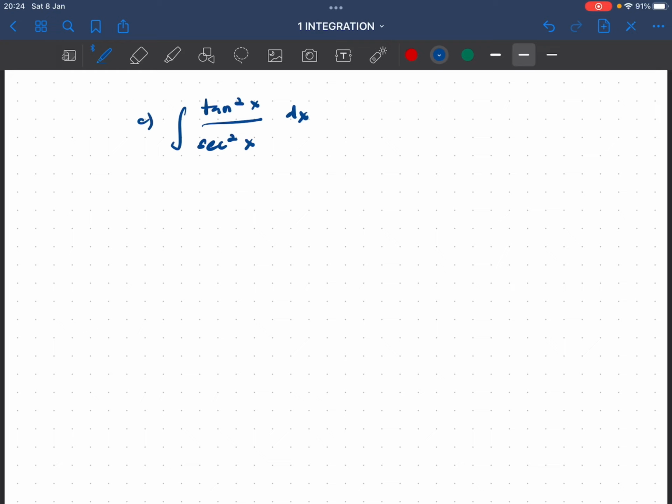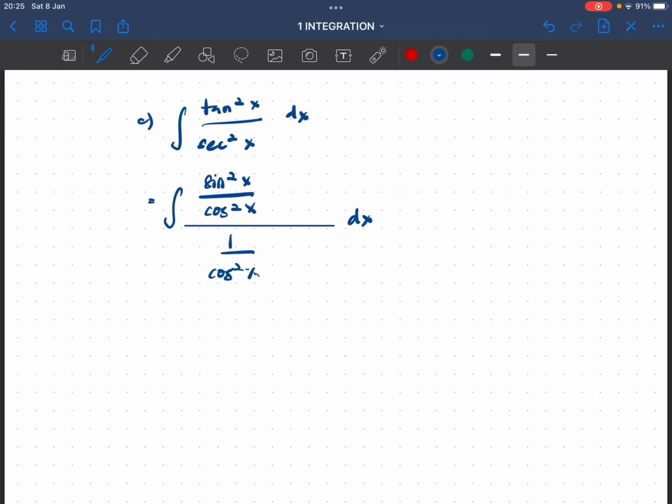This is in fraction form. You know that your tangent is equal to sine over cos. So let's change that first. Sine square x over cos square x, and secant square x is 1 over cos square x.